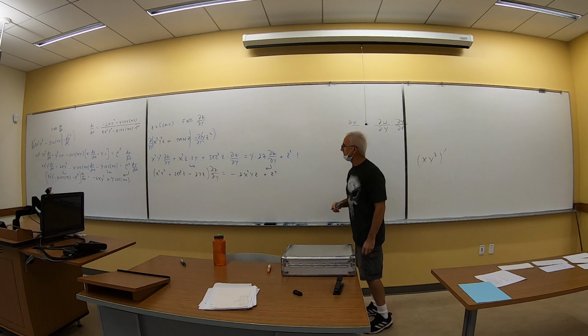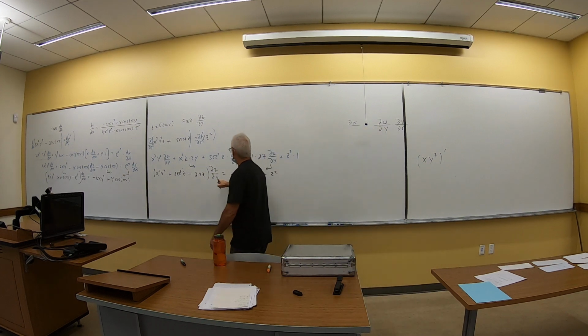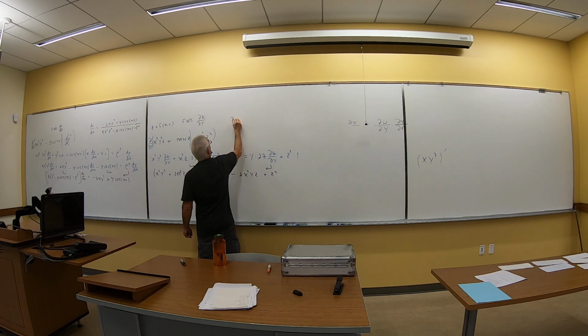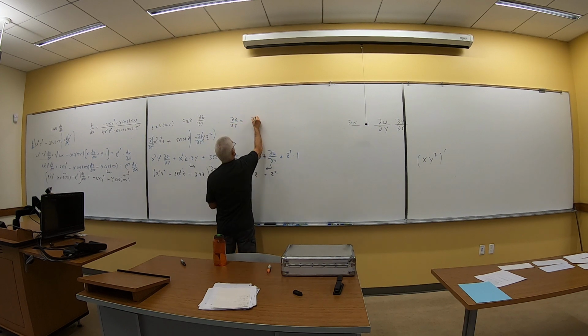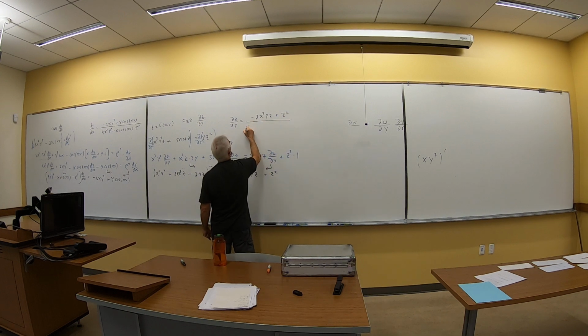I think I got that right. So now, when I write my final answer, the partial of z with respect to y is this over this.